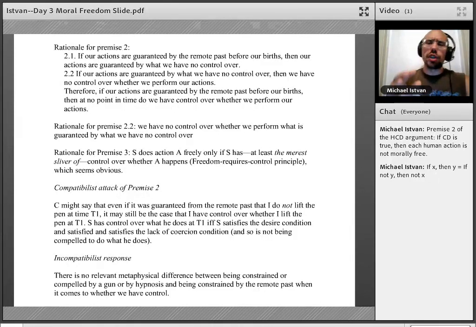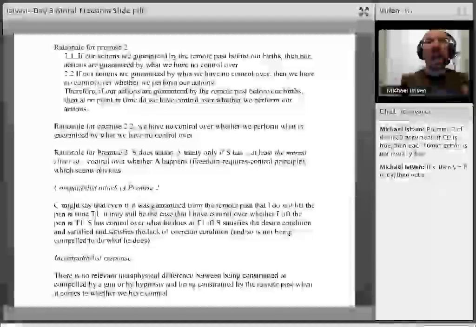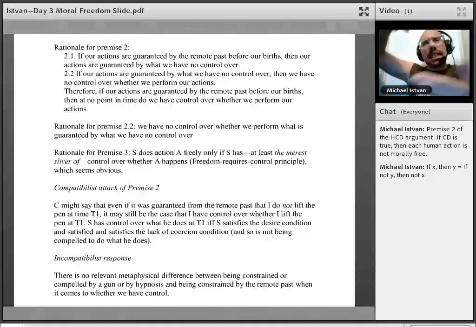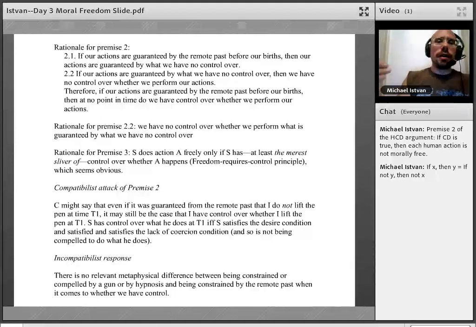So 2.2. If our actions are guaranteed by what we have no control over, then we have no control over whether we perform our actions, since the lack of control we have over the past transfers to what the past guarantees. Ultimately, therefore, premise 2. If our actions are guaranteed by the remote past, then we have no control over whether we perform those actions. Okay.